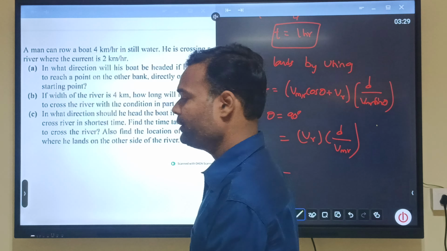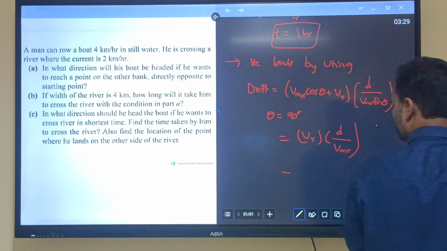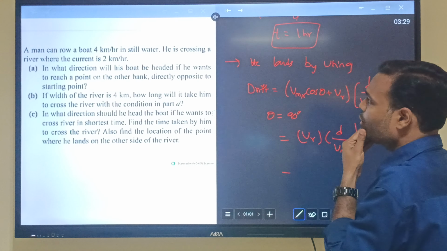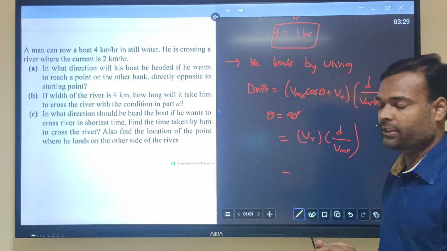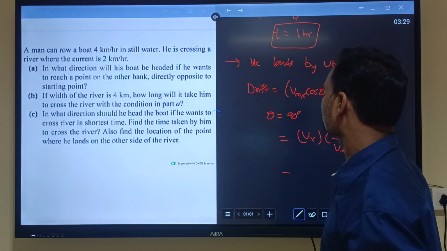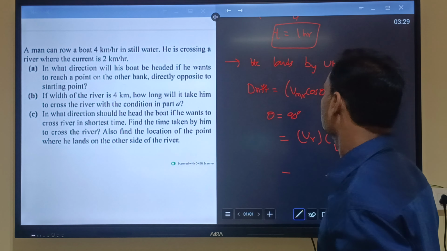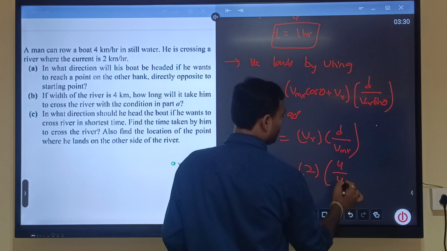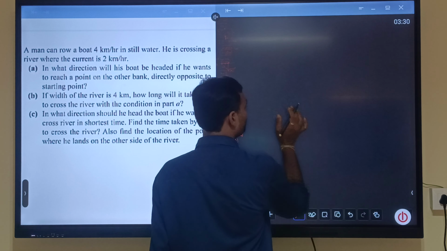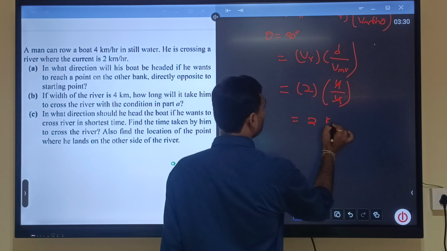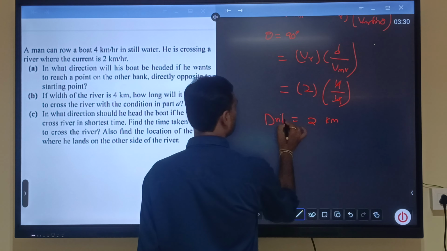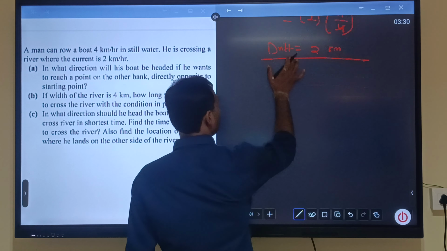That means we substitute vr equals 2, the velocity of the river flowing, d value is 4 width, velocity of man with respect to river is 2, then the drift value is 2 kilometers. This is the first question.